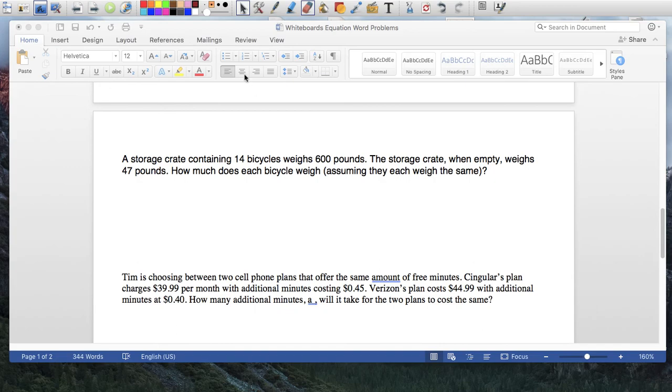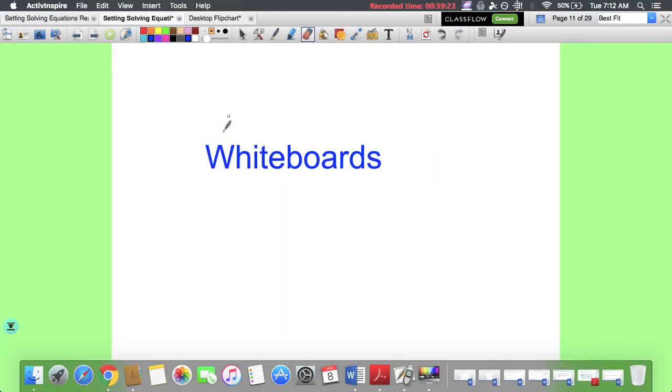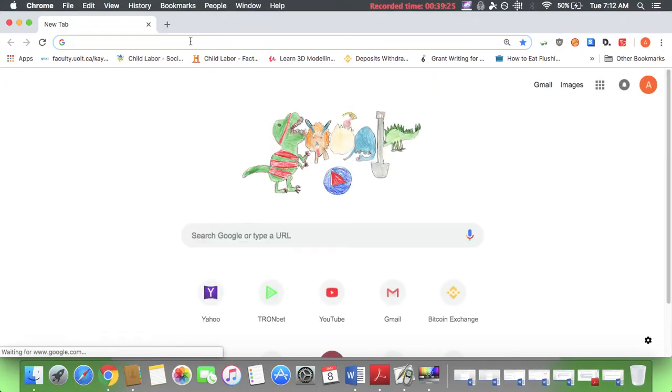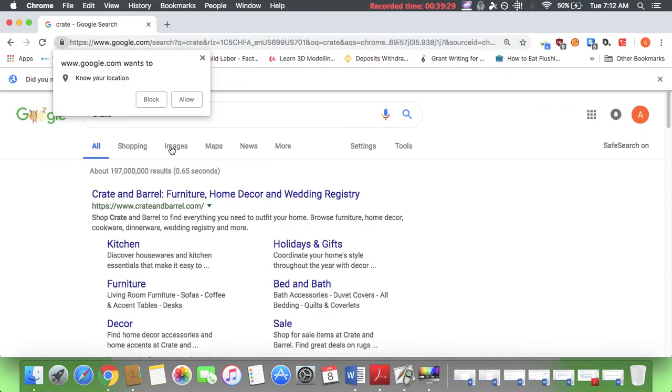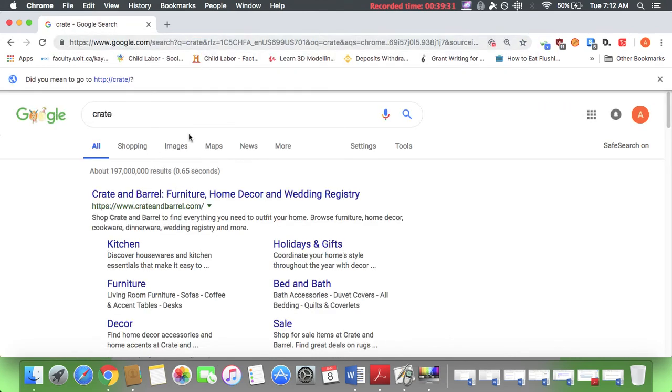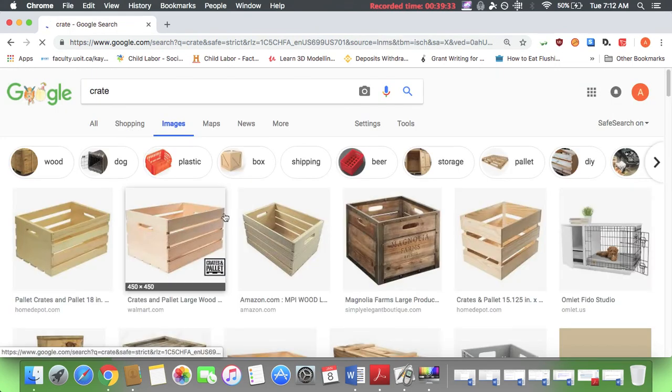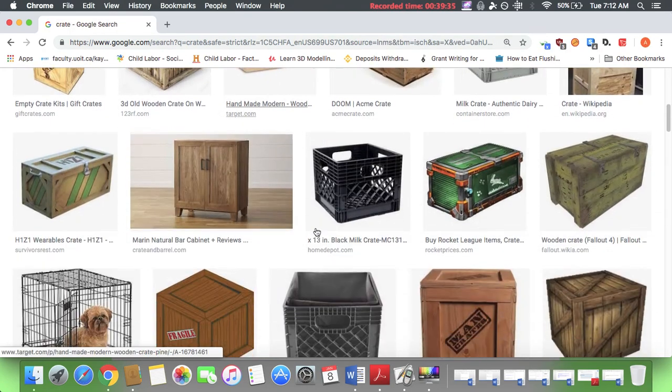And then I think I'll do one more here, and the rest you guys can do. A storage crate. Okay, so again, this is the crate, and I guess I can show you what a picture of a crate looks like.